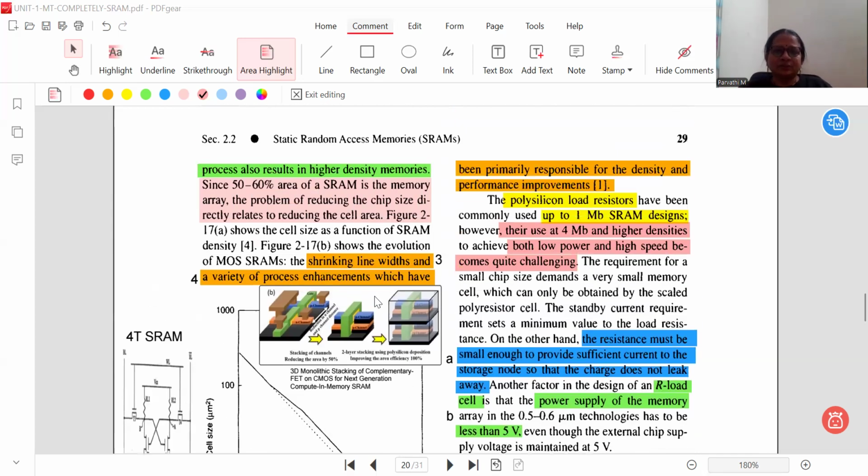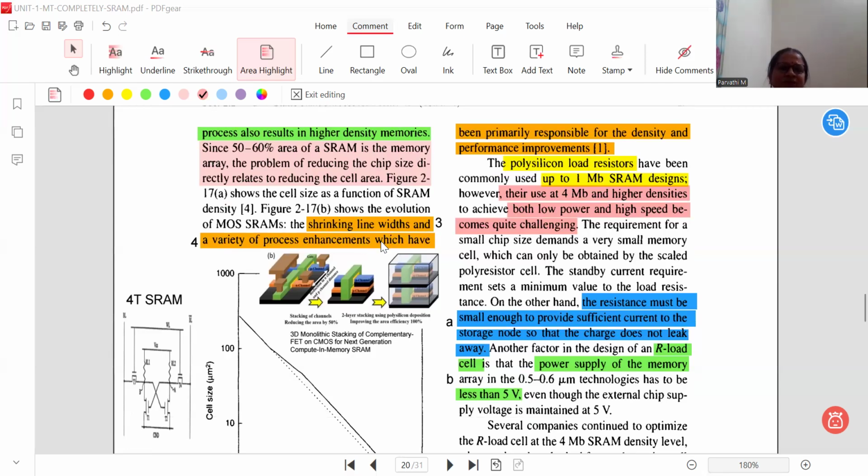As the technology is growing, we can observe the reduction in the cell size. That is where the major concern lies: the cell size with the technology, as well as scale down properties, then shrinking the line width of the peripheral circuitry, which is connected using lines of metal or copper or whatever lines.